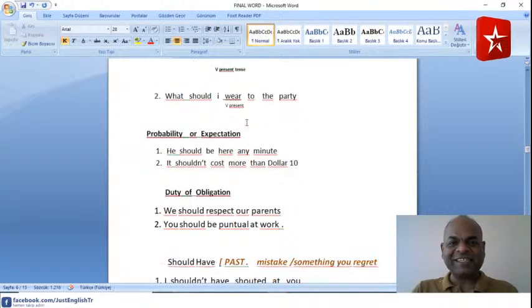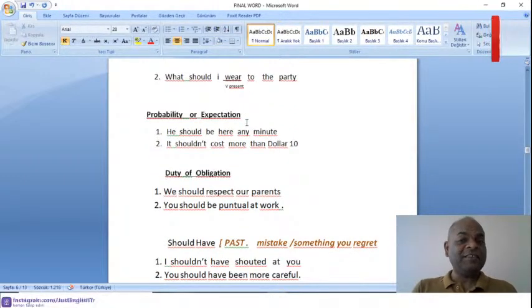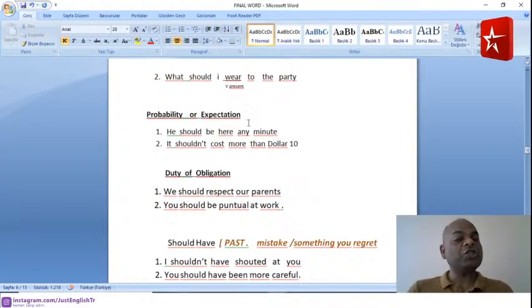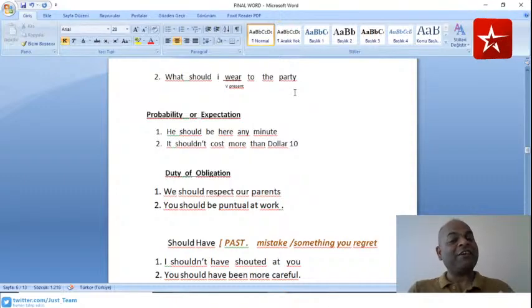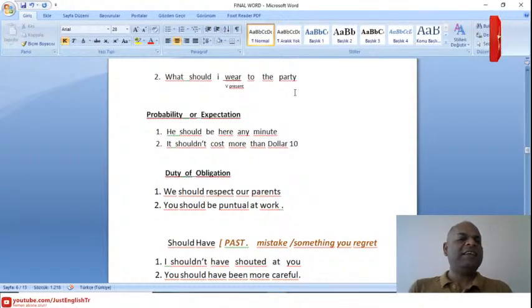All right, class? Number 2, what should I wear to the party? Now here it's actually sort of like asking for someone's opinion, like what should I wear to the party?